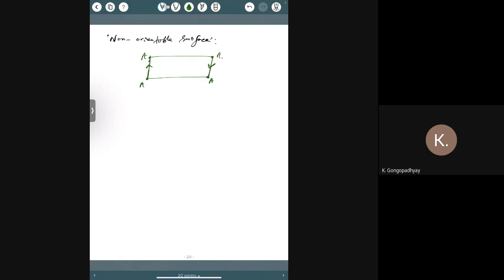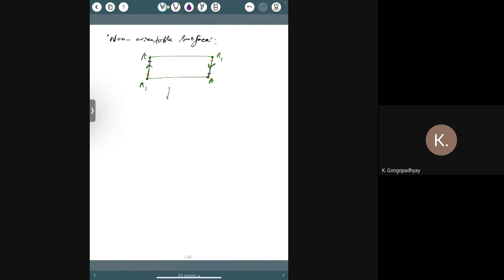Okay, so call it A1, A1. Similarly for all these points, so this orange point you glue with the symmetric orange point here, and this purple point here, you glue with this. So in this way, in an orientation reversing way, you glue them.